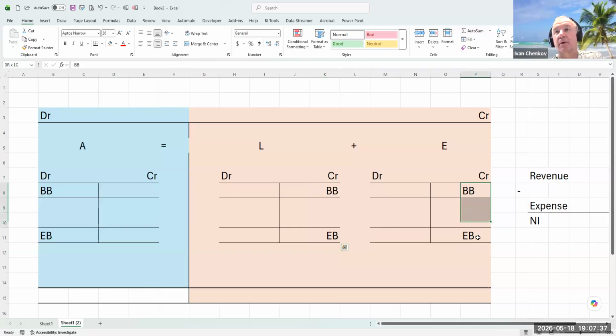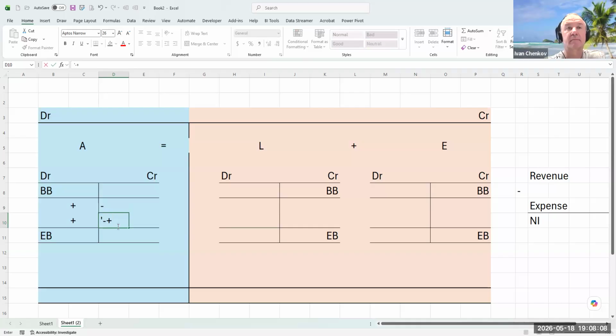What else? What that gives us? That gives us that every time in order to increase the asset, we have to put it on the debit side. And if you want to decrease the asset, we have to put it on the credit side, since we're on this side of the equation.